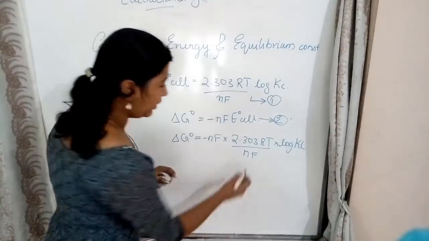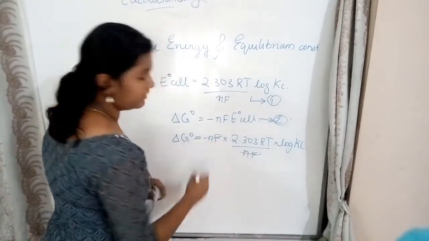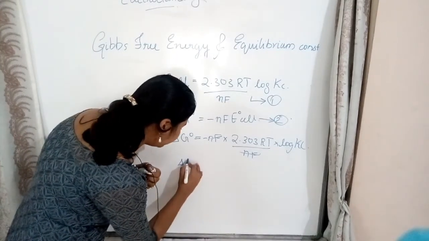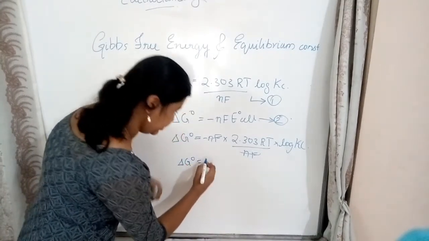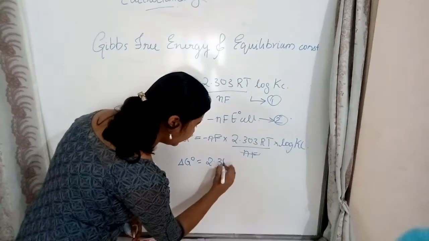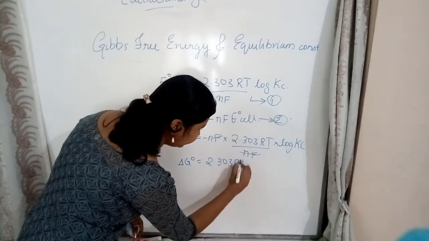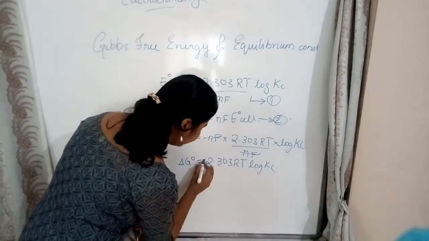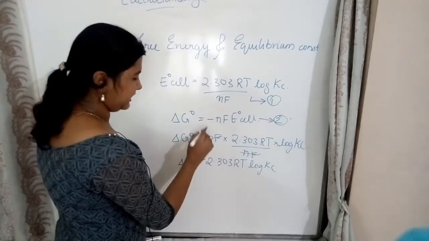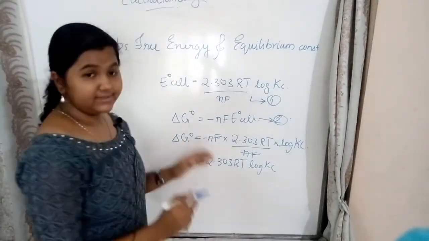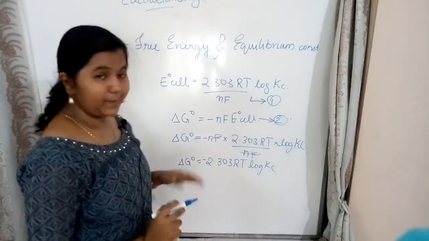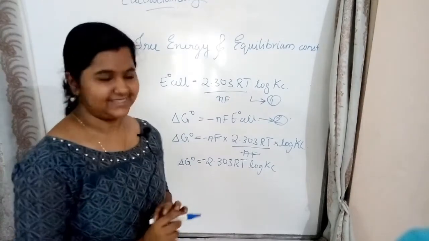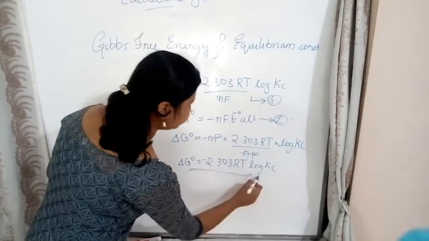Now nF gets cancelled. The negative is not cancelled, it is still remaining. Therefore, delta G0 is equal to minus 2.303 RT log Kc. So this is the equation.